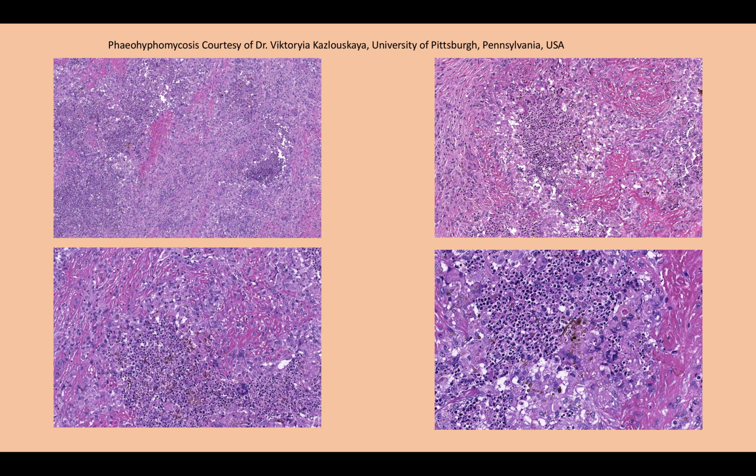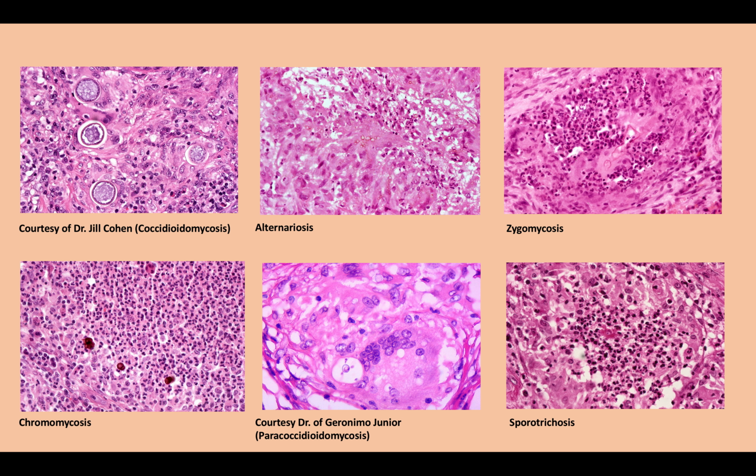There are microabscesses, there's a rim of granulomatous inflammation, and in the bottom right picture you can see both hyphae and yeast forms. And these are other infections that may be associated with this histology.